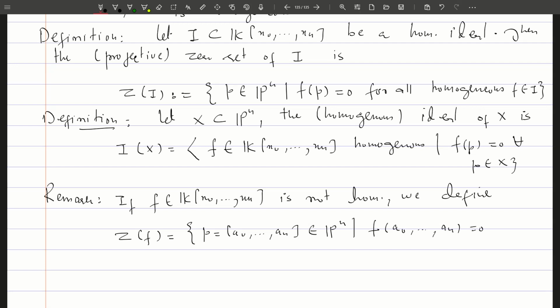This has to be true for all representatives of this point.